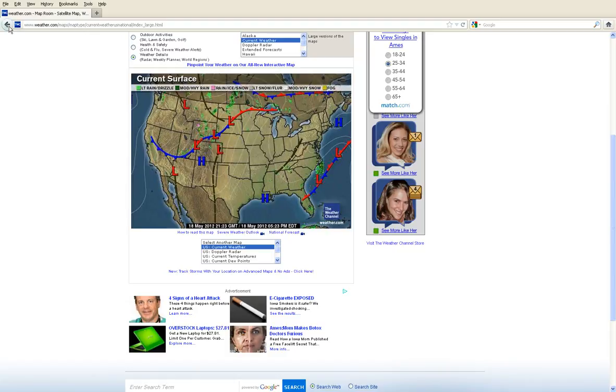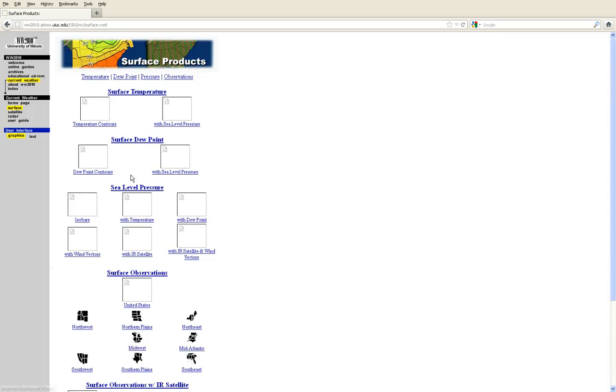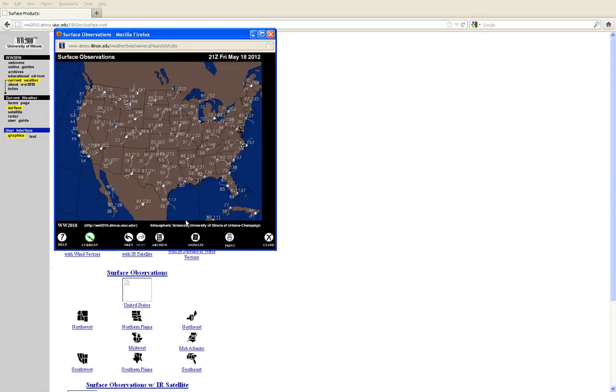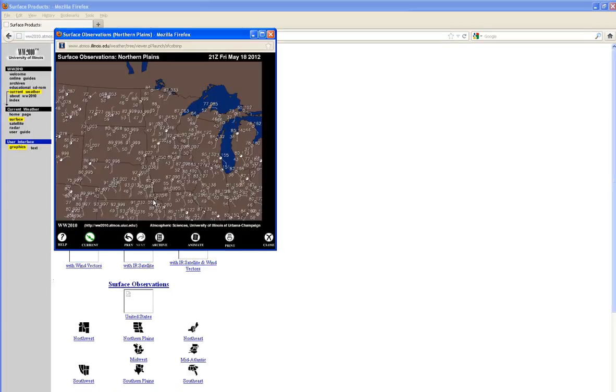Now here's how I can figure this out. If I go back to surface, and you've seen this in the temperature video, I've shown you this particular site where you go to the University of Illinois and we look at a station model. And in fact, let's just go to the Northern Plains station model. And you see wind directions.